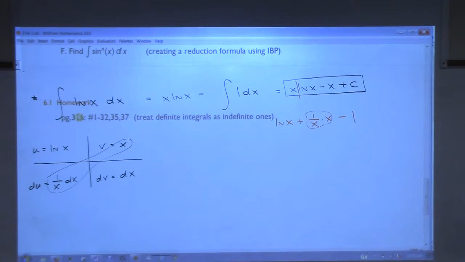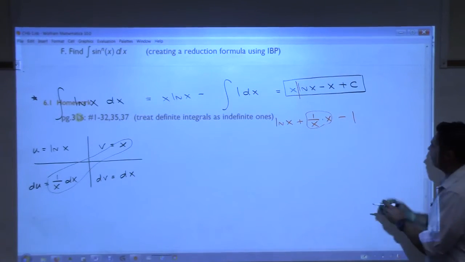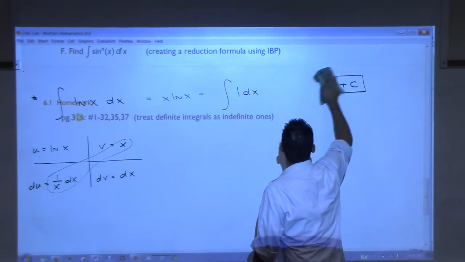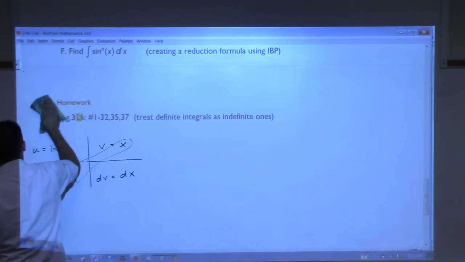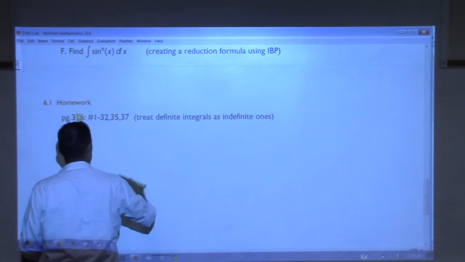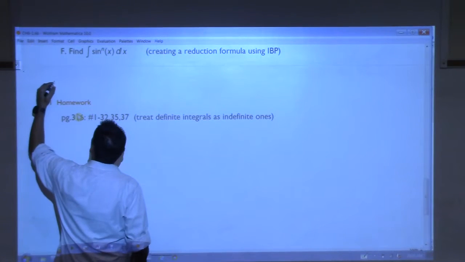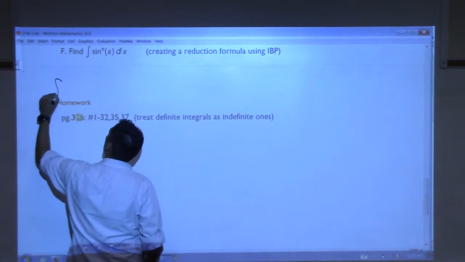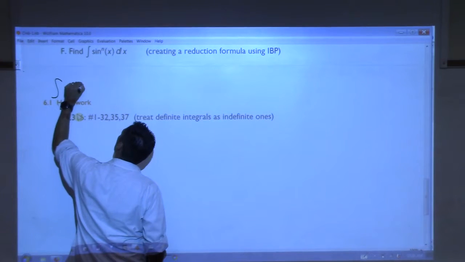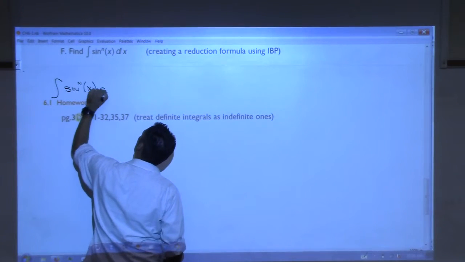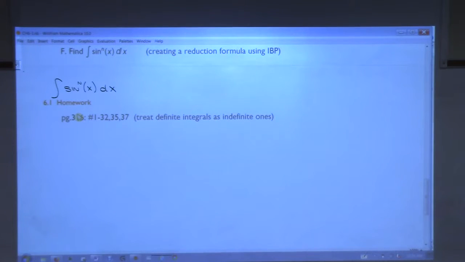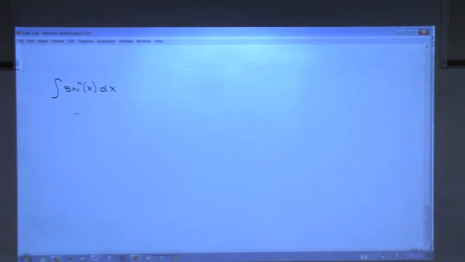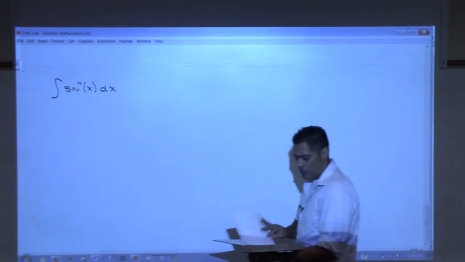Reduction formula. Last one. You're allowed to have formulas on your test, right?